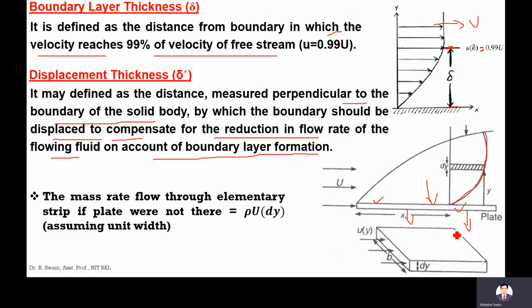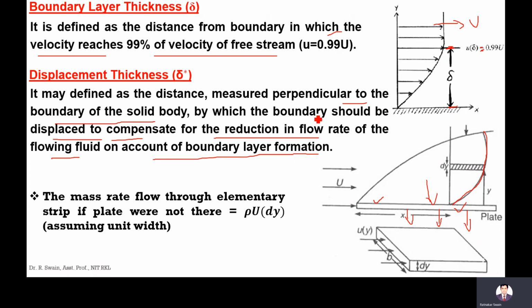and that displacement, which is perpendicular to this boundary, which is actually virtual, I am just thinking of it as virtual, that displacement is called displacement thickness.